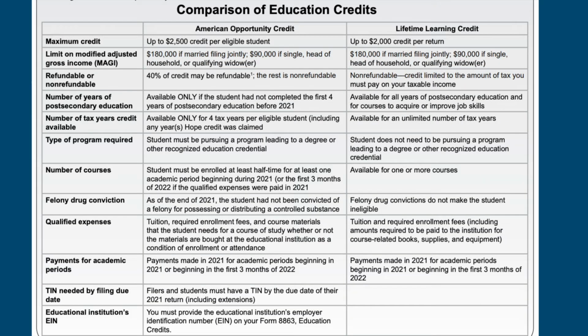This is in publication 4012, and I'm not going to run through all of it, but this is a basic comparison of the two types of education credits. You should refer back to this when you are filling out a tax return that is likely going to have education credits, as it will give you a lot of helpful information, as you can see.